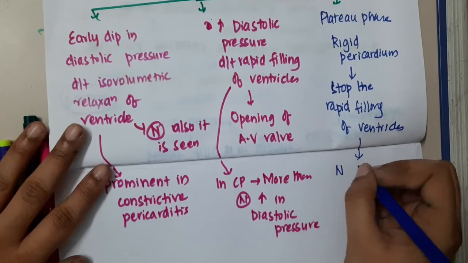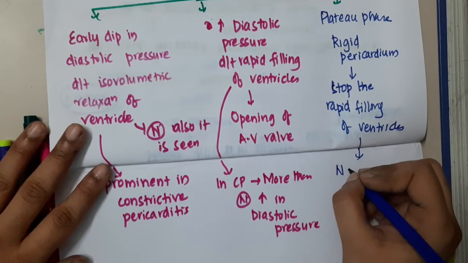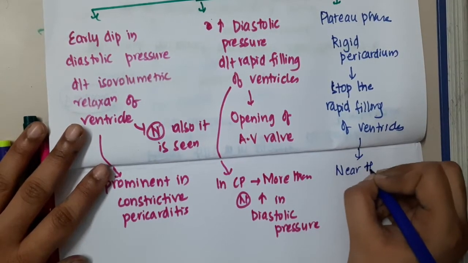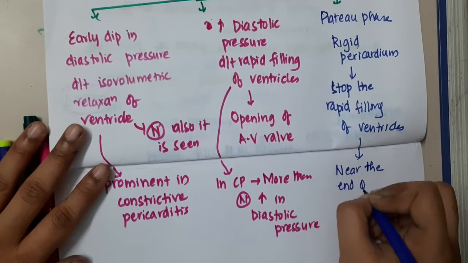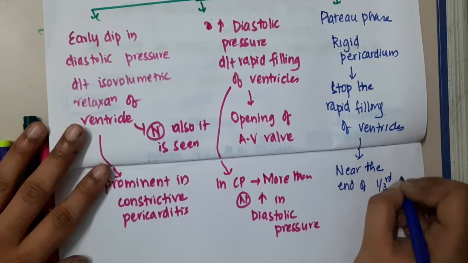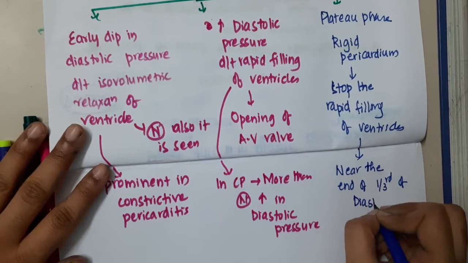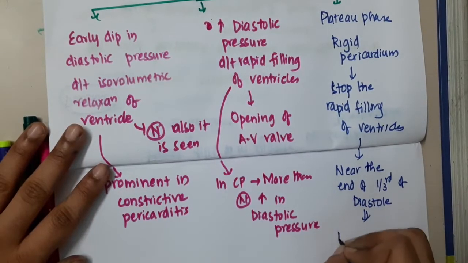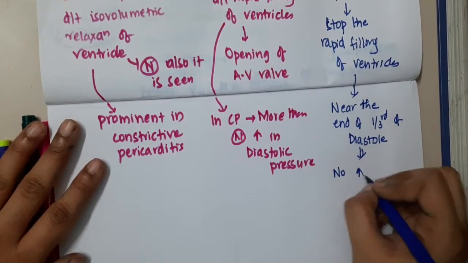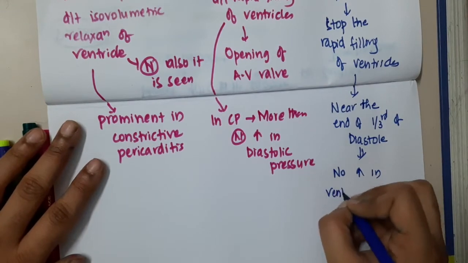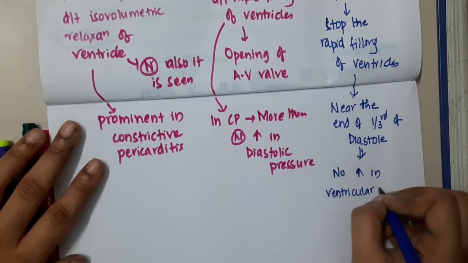Thus this is seen as a plateau phase, near the end of the first third of diastole. After this there is no increase in ventricular diastolic pressure.